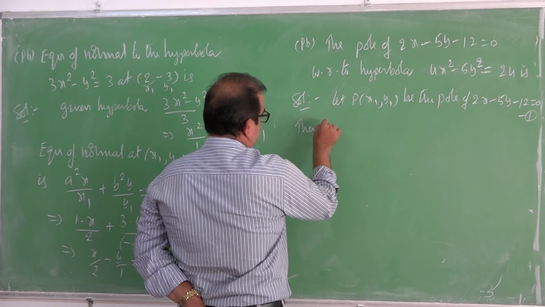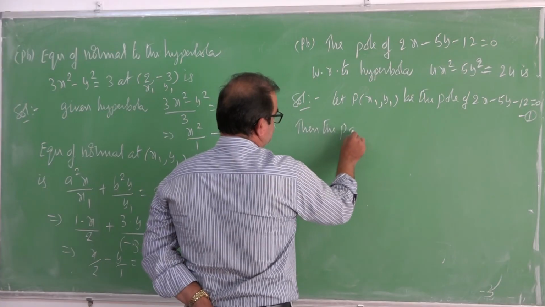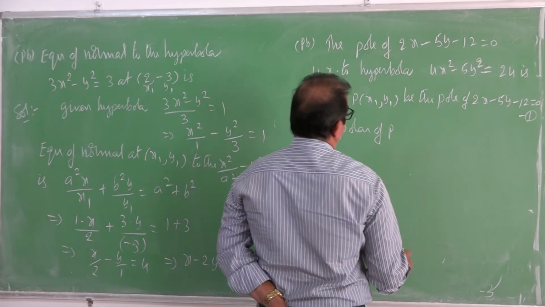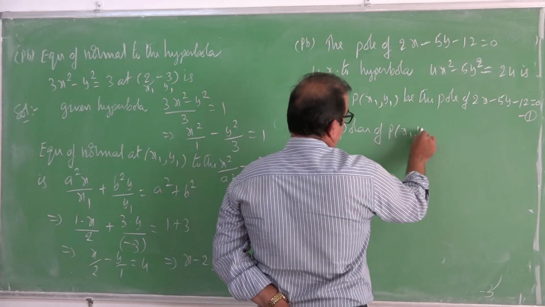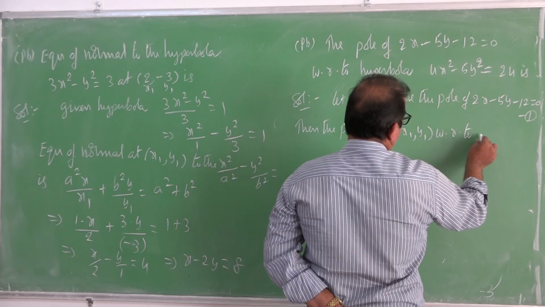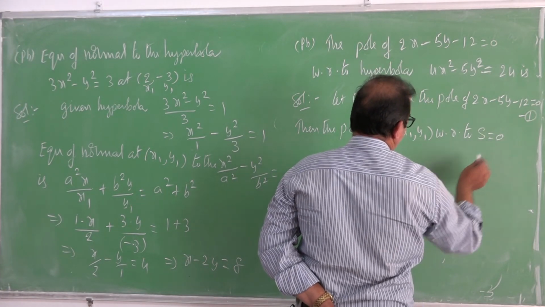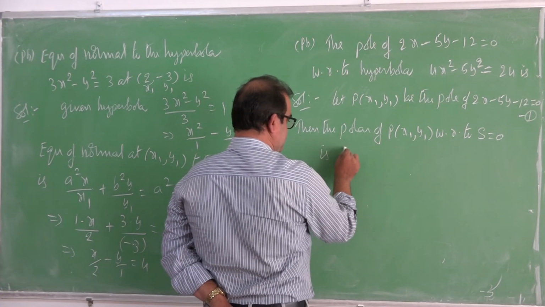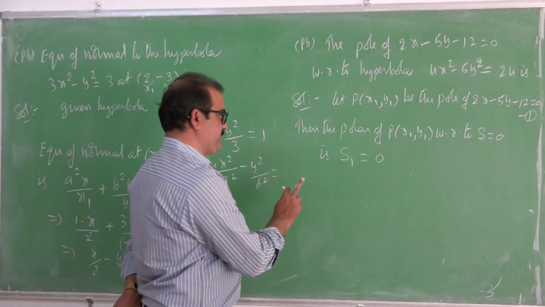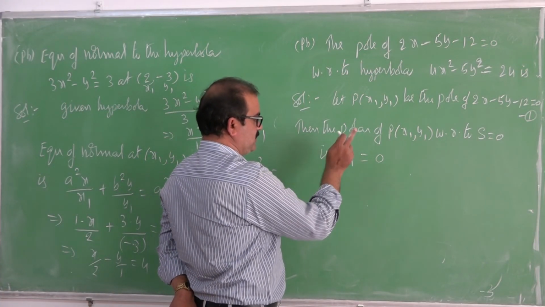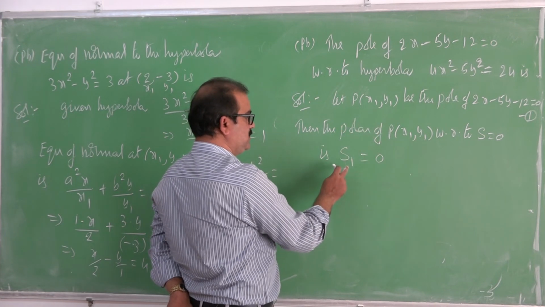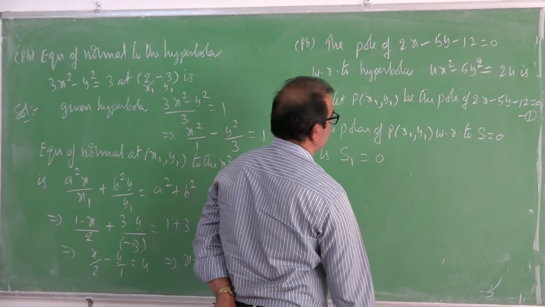Then the polar of P(x1, y1) with respect to the hyperbola S is equal to 0 is, we know equation of polar is always S1 is equal to 0. Equation of tangent, equation of polar, equation of chord of contact to any curve S is equal to 0 is S1 is equal to 0.